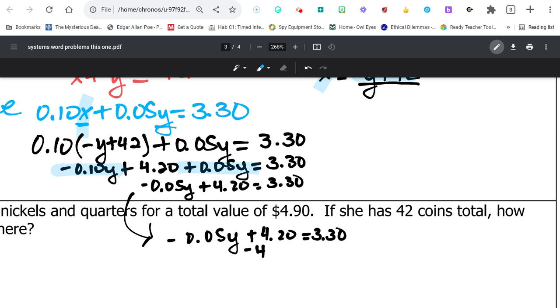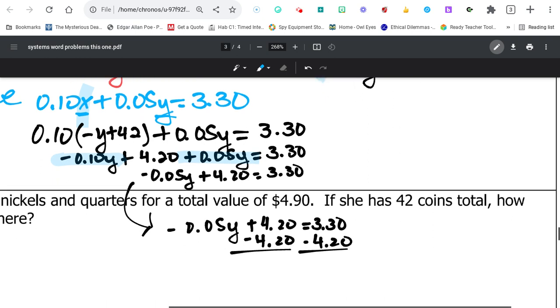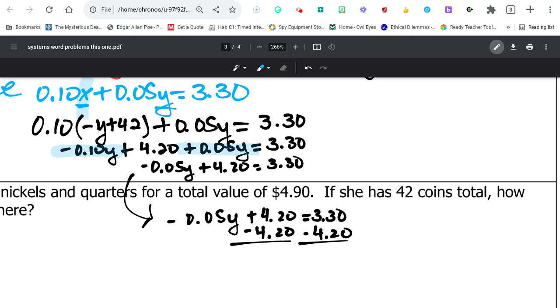So I'm going to subtract 4.20 from both sides. These cancel. Let's bring that down. And 3.30 minus 4.20 is negative 90 cents.